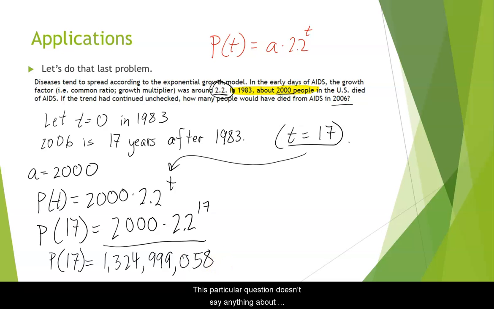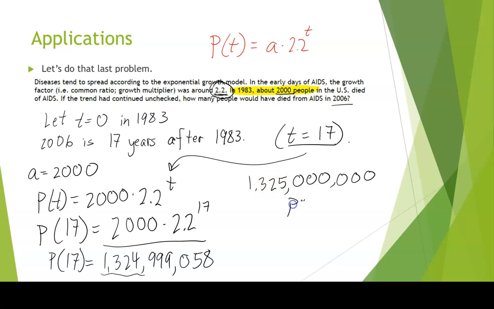This particular question doesn't say anything about rounding, but just in general, with a growth factor of around 2.2, that means I should not assume that this goes all the way to the nearest person. I played around with this a little bit in my open math, and it looks like if we just use 4 significant figures, the program accepts the answer. I'm going to say this population would be about 1,325,000,000 people.